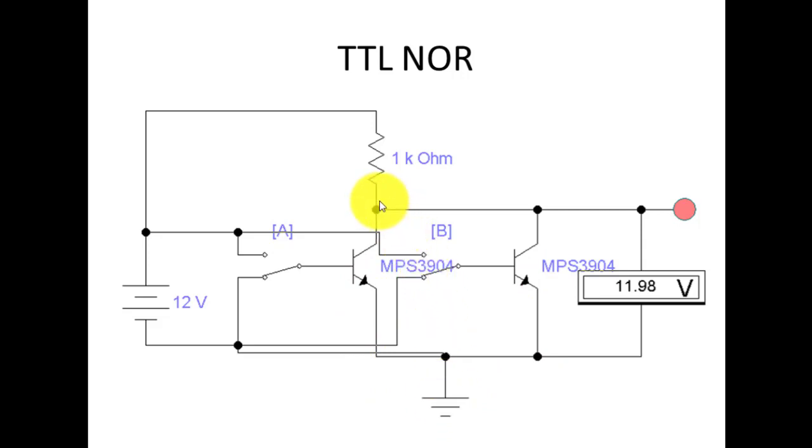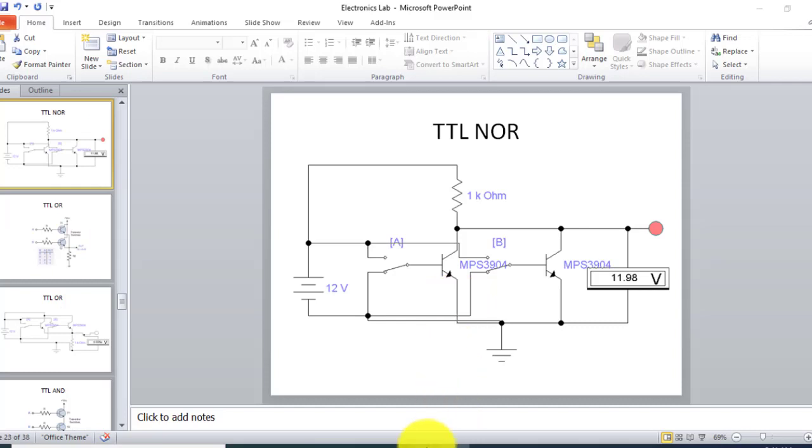Then we are using a battery and a resistance on the collector terminal of the transistors, and this resistance is connected with the battery. For the construction of the logic NOR gate, you can also use the resistance on the base of each transistor, and it can also be formed without using the resistance. So let's go to the electronic workbench.